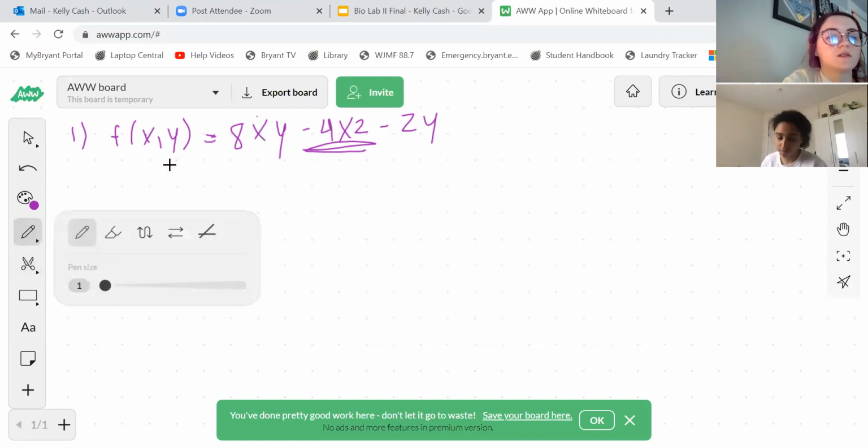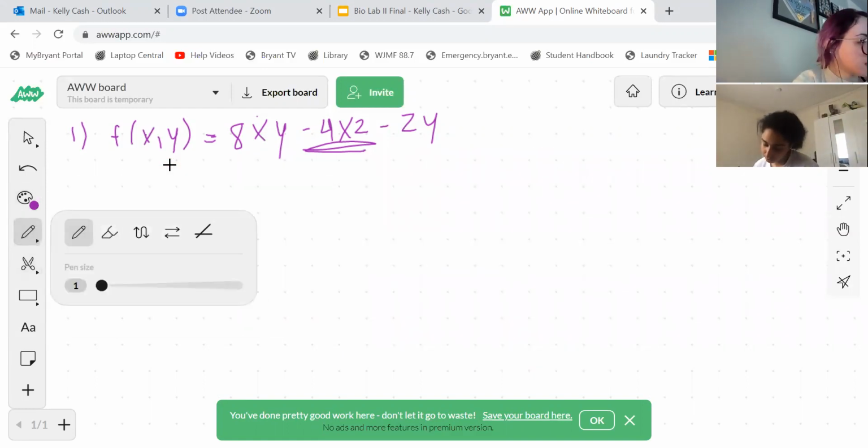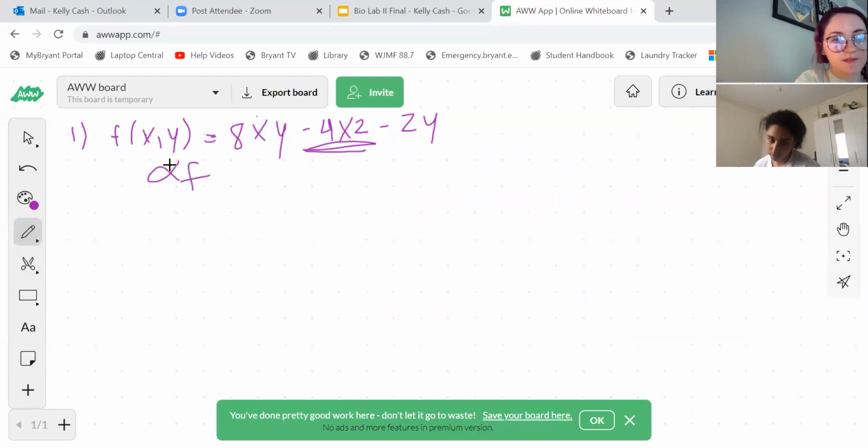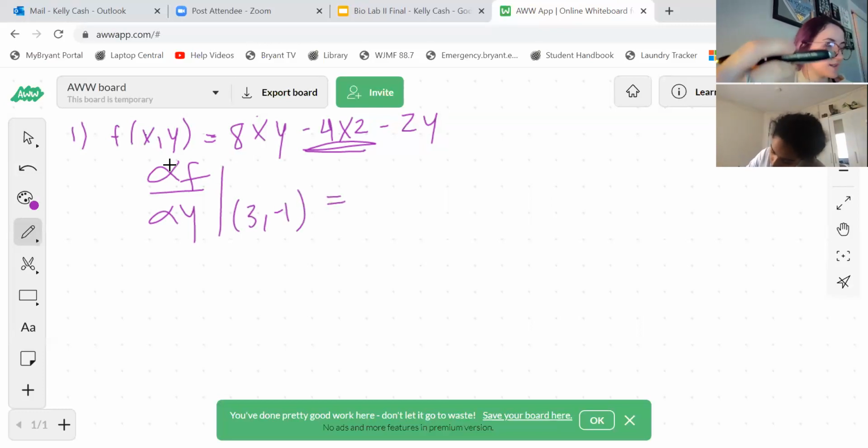Okay. So then we're going to do it again, but with respect to y this time. So now we're treating x as a constant and y as a variable. What does the derivative look like for this one? Does the minus 4x squared stay the same?